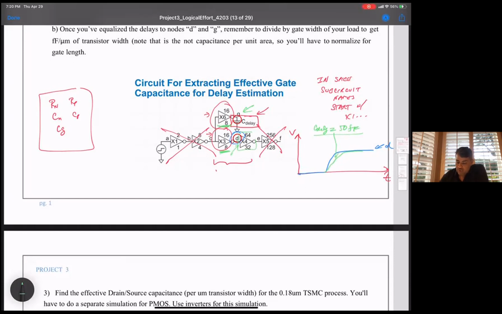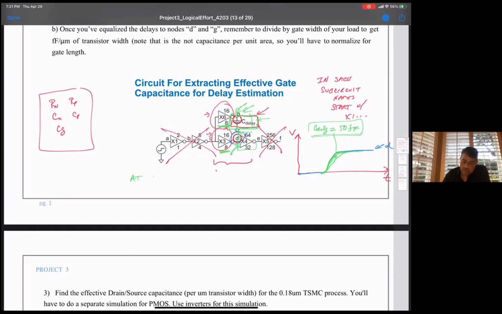So if there's a slower rise time on this node G, it means that this capacitance is larger than this input capacitance. You start playing around with C delay, you have to reduce it, and you'll gradually line the two up. When they sit on top of each other, then this capacitance C delay is the same as the input capacitance of X4.